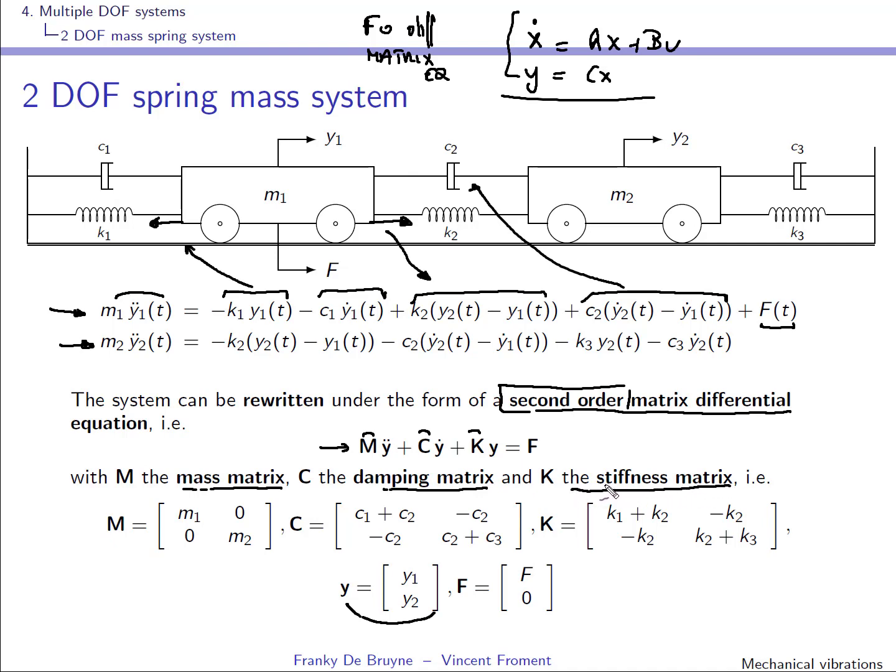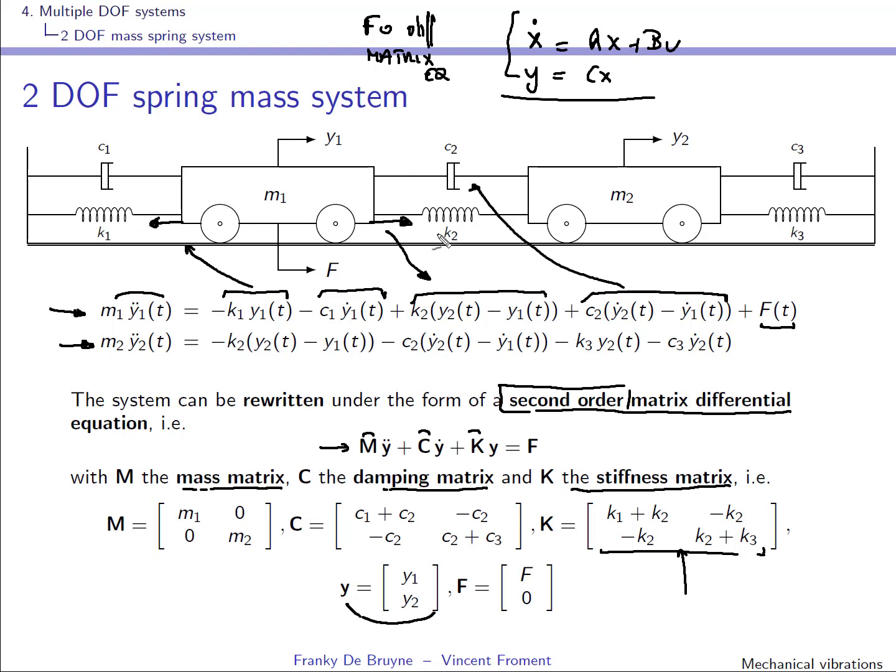And the neat thing about this is that these matrices C and K are symmetric, as you can see, and they are very easy to construct. Let's take the example of the stiffness matrix. Element 1,1 is associated with mass 1, and you just have to look at the springs to which mass 1 is connected.